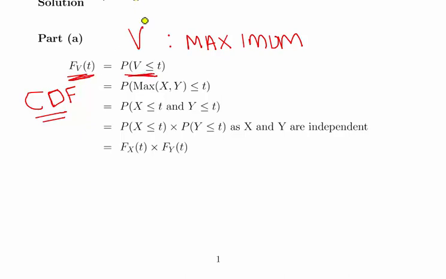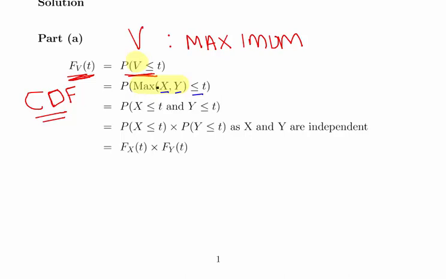Now, what is v? V is the maximum of x and y. So we're saying that the probability of the maximum of x and y is less than or equal to t. Now, this is where we require a little bit of lateral thinking. That means that both x and y are less than or equal to t. The less than or equal to is important in this case.